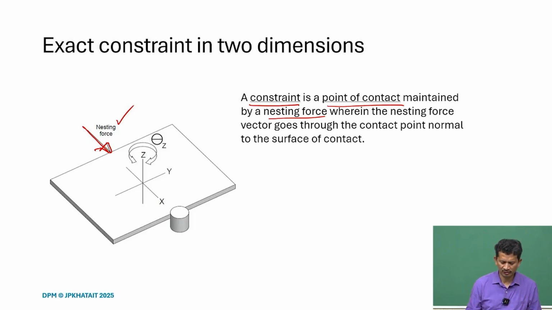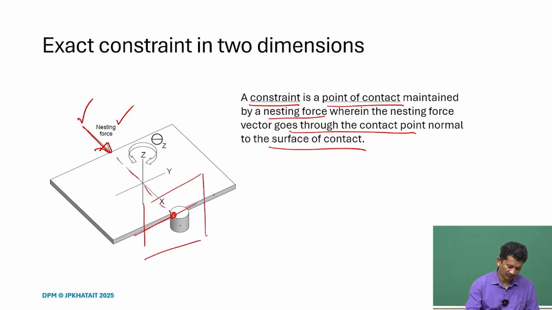So, there is a concept of nesting force, and the nesting force vector, the direction shown here, goes through the contact point and is normal to the surface of contact. So, for instance, if we check this, the contact will be somewhere here, and then this is the normal plane we have, and this will be the reaction force, to the contact.